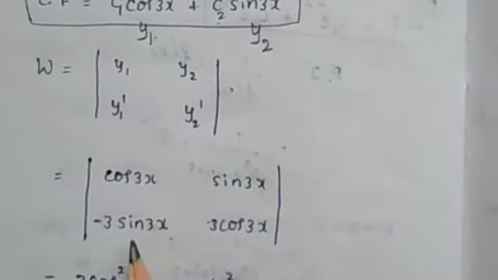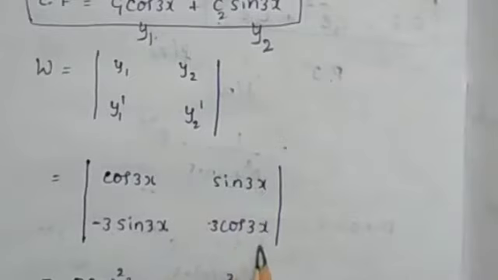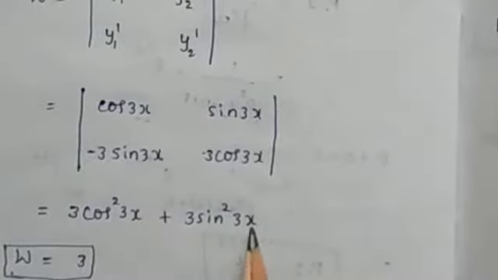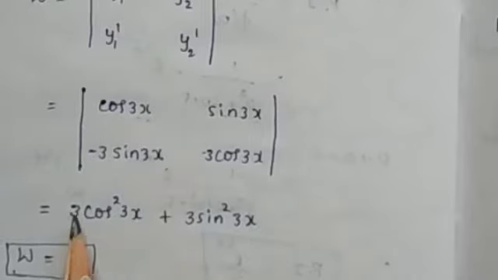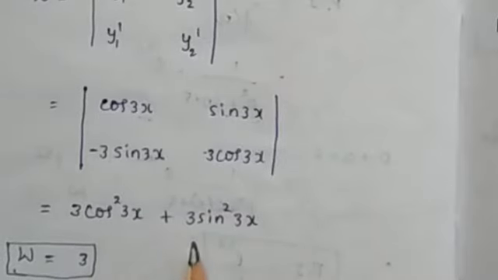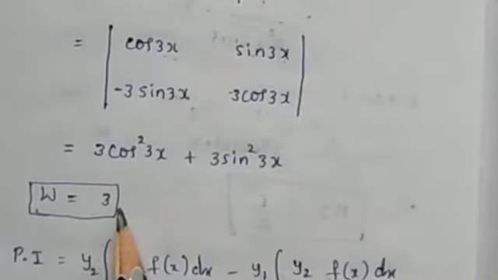Cos 3x differentiation is minus 3 sin 3x. Sin 3x differentiation is 3 cos 3x. Then you simplify this determinant, you get 3 cos square 3x plus 3 sin square 3x. Then you take 3 as a common factor, you get 3 times cos square 3x plus sin square 3x, which is 1. Then you get W equal to 3.